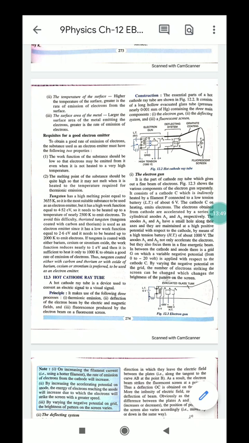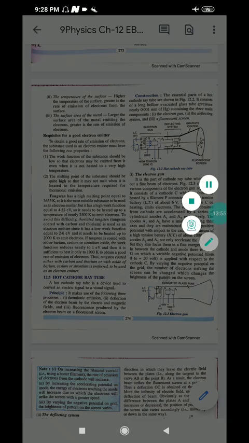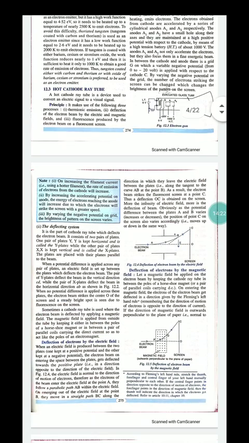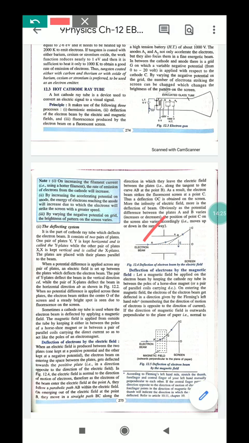A hot cathode ray tube consists of the following main components: a hollow evacuated glass tube, an electron gun, a deflecting system, and a fluorescent screen.